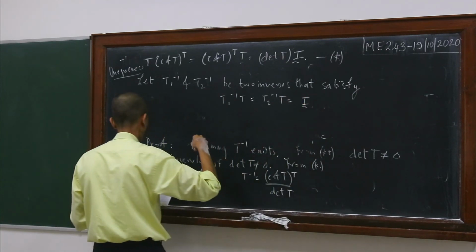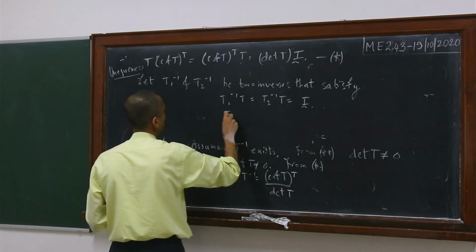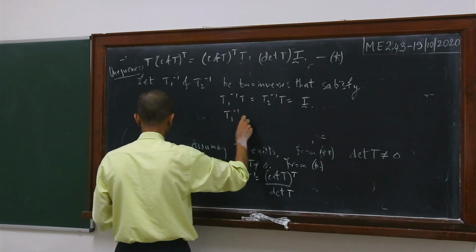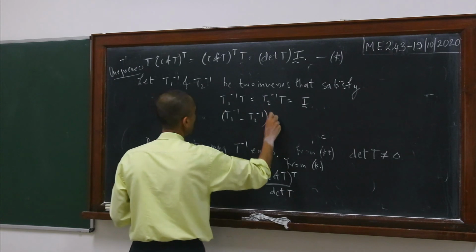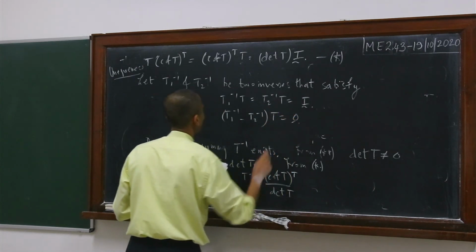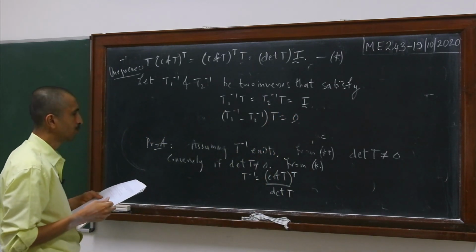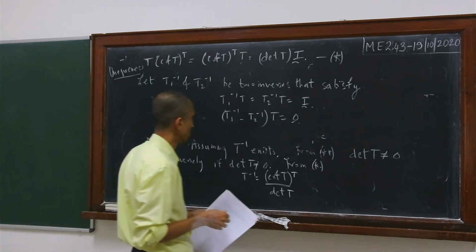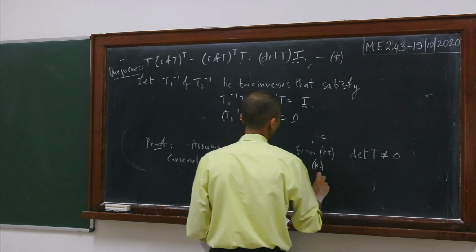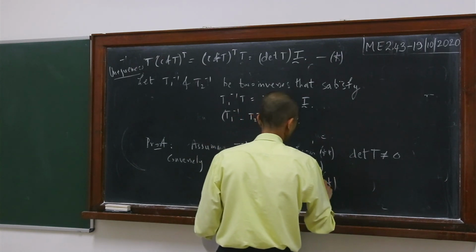If I subtract these two relations, what I will get is T1 inverse minus T2 inverse, times T, is equal to 0. Now you choose T2 inverse to be this particular expression here. Let us call it 3 star.